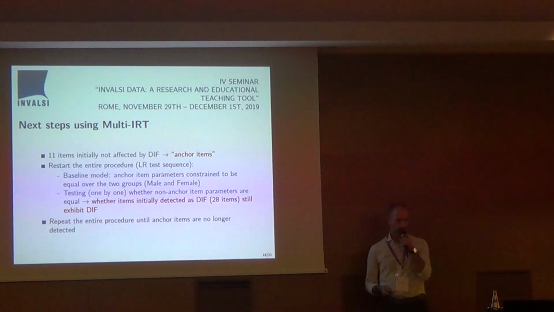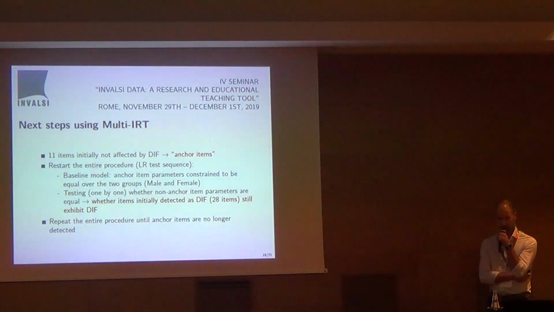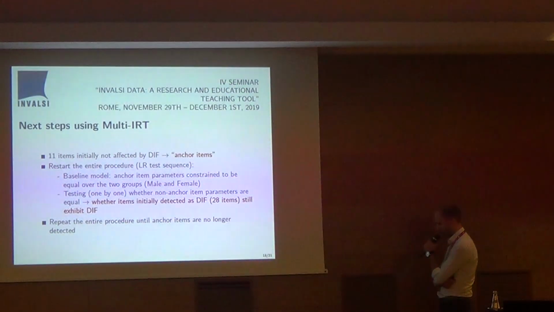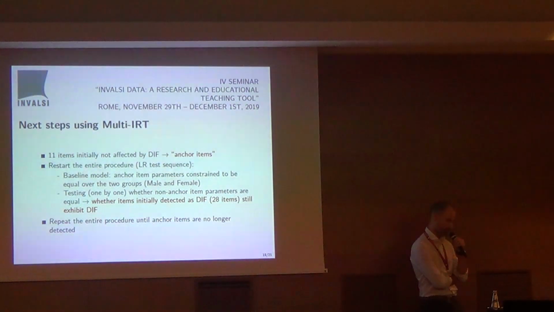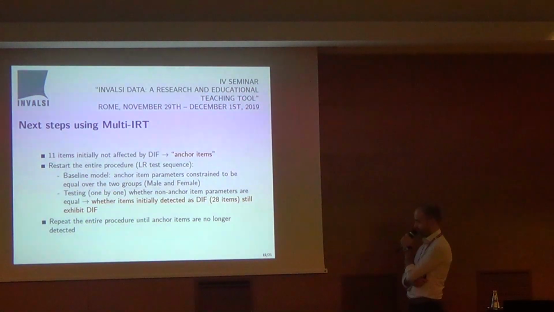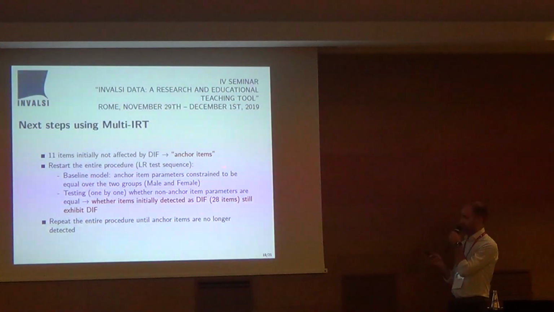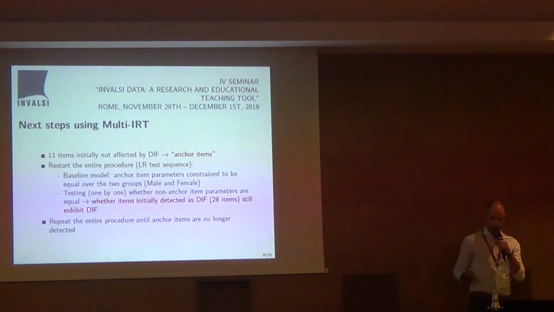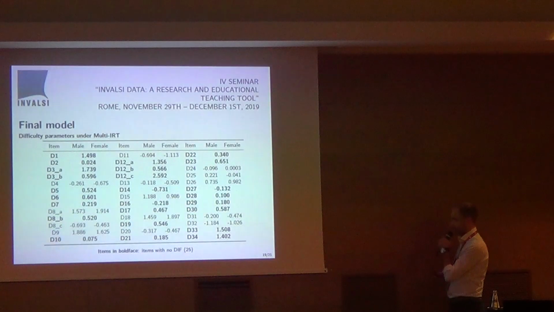And then we can test again whether the parameters for non-anchor items are equal, one by one. So in this case, we are testing whether the items that were initially detected as DIF still exhibit DIF after using these 11 items as anchor items. Then this procedure is repeated until anchor items are no longer detected.